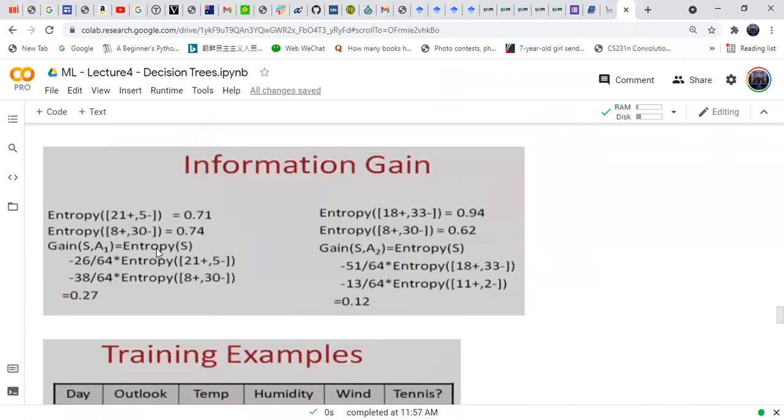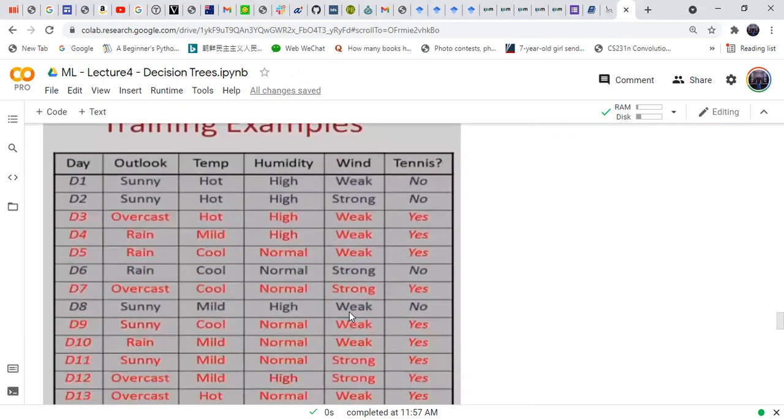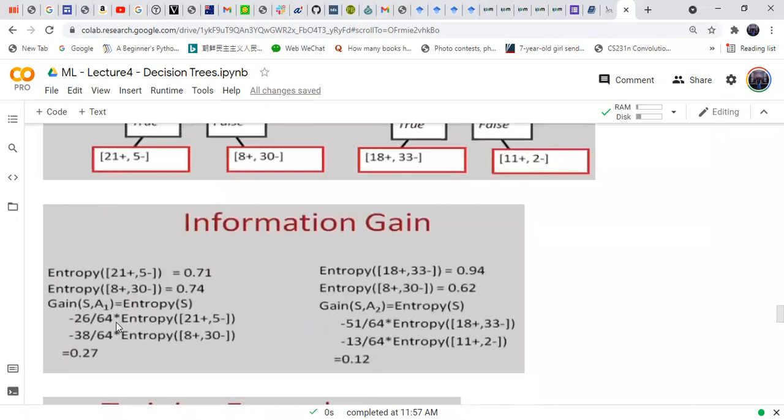So for information gain, first we calculate the entropy using the formula given above, and then we calculate the gain for sample S for attribute A1. Then we calculate the gain for sample S and attribute A2. And we see that the gain for attribute A1 is high as compared to attribute A2. So, talking about the training example, we see that the attribute A1 is a good choice for making the decision at depth level 1.